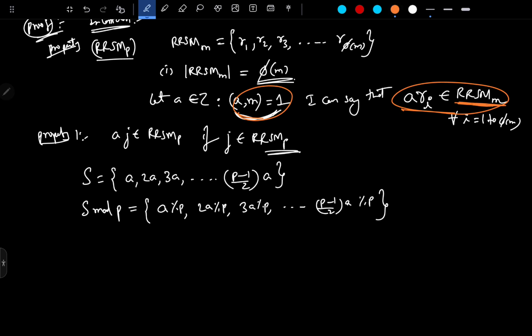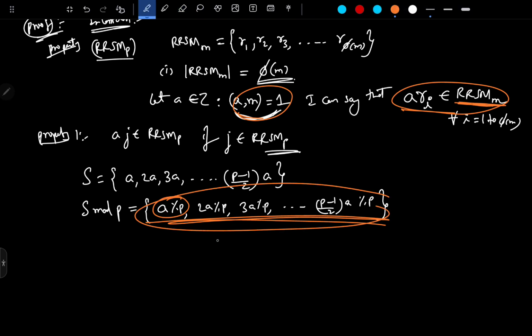Normally we can say that this value belongs to 0 to p minus 1. But I am saying that in this set, some values will be greater than p by 2 and some other values will be less than p by 2.